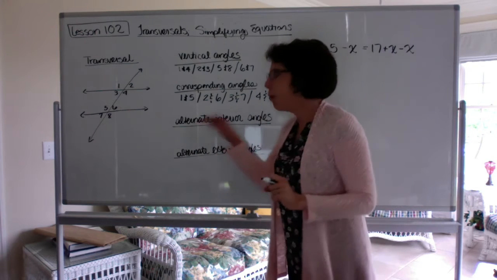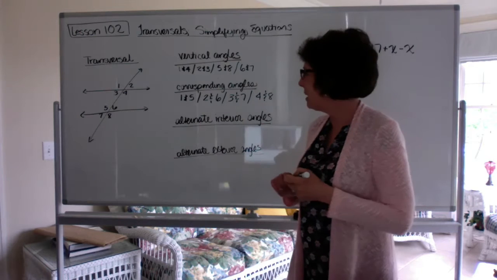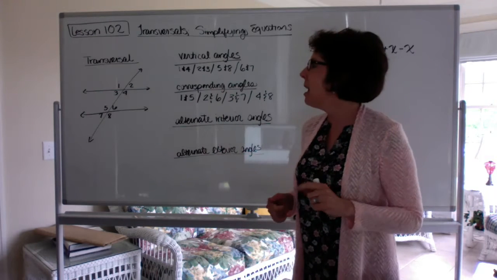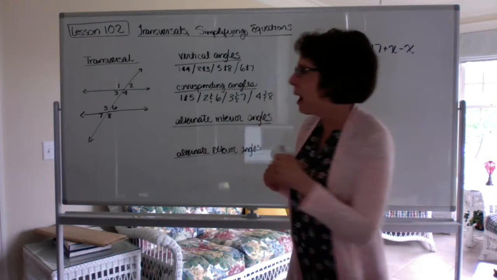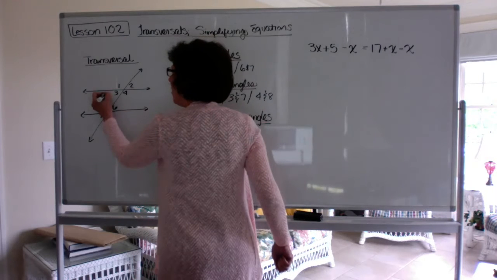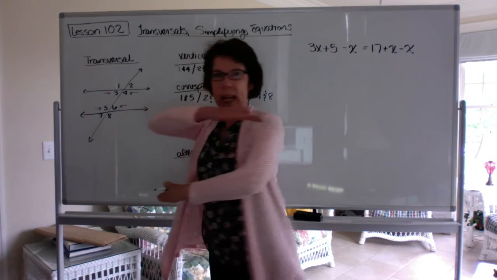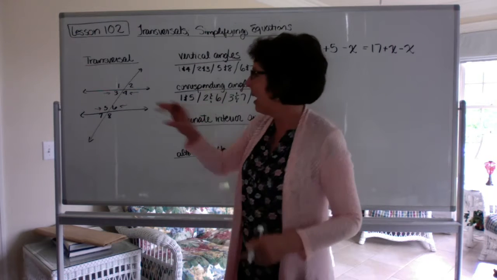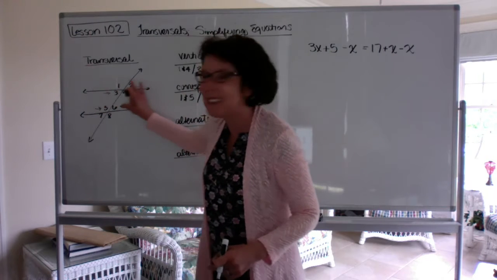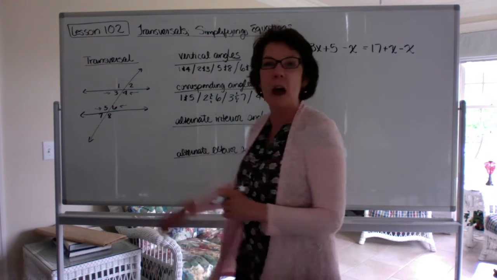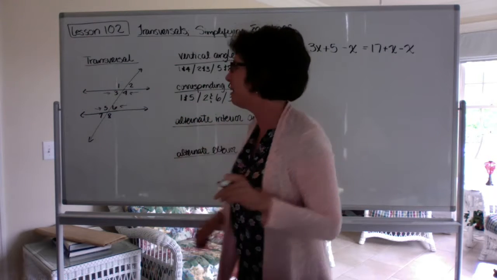Now, alternate interior angles. Interior paint is used to paint the inside of a house. So when we talk about interior angles, we're talking about these 4 angles here that are between the parallel lines. Interior, inside the parallel lines. Now, alternate means on opposite sides of the transversal.